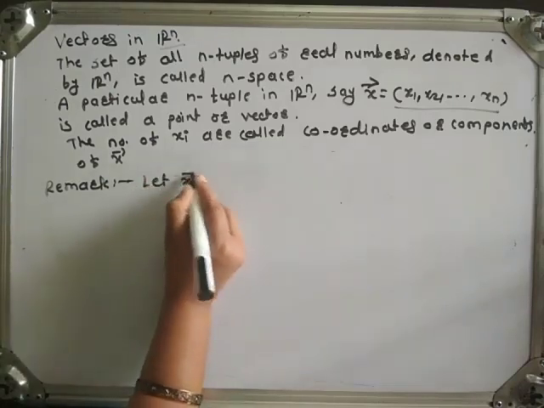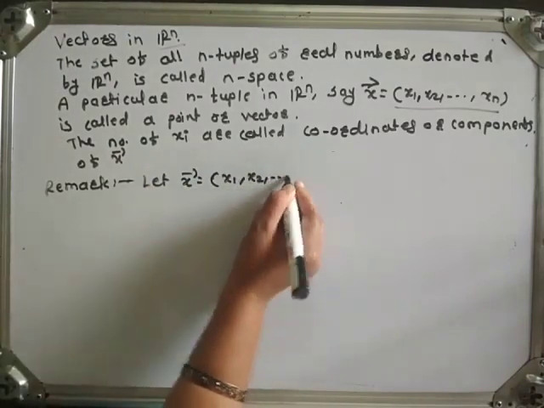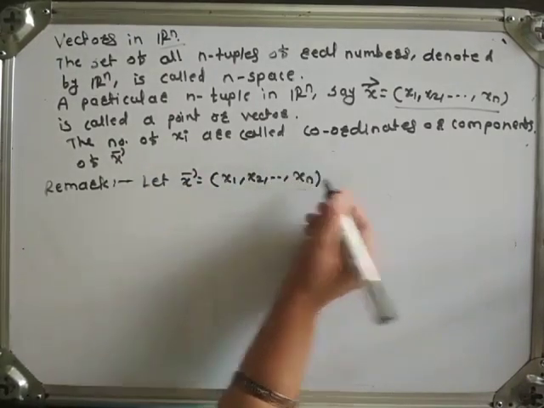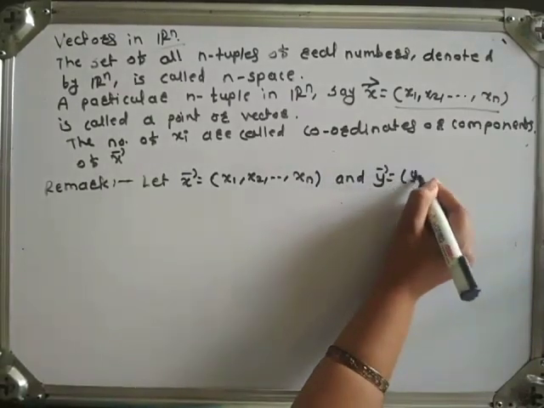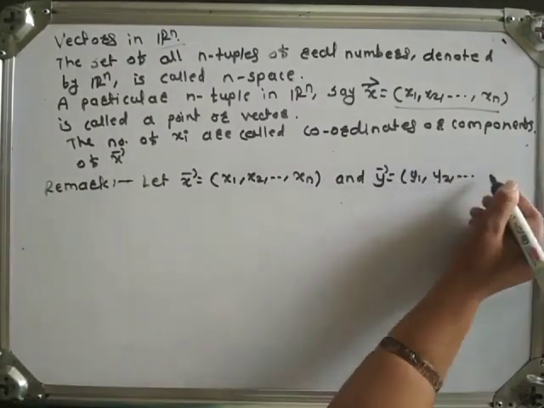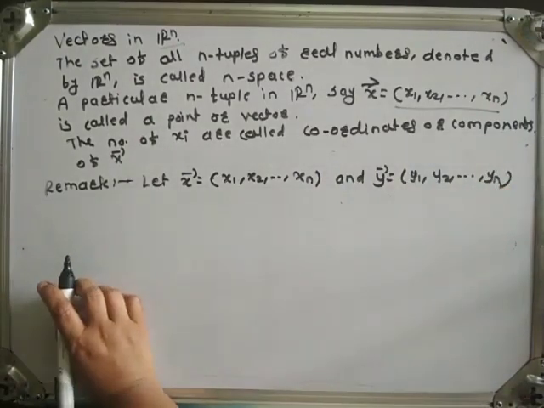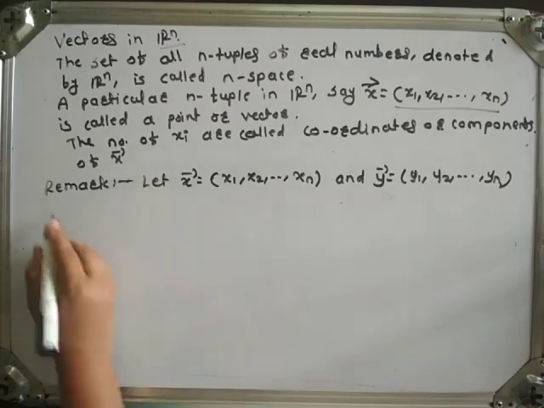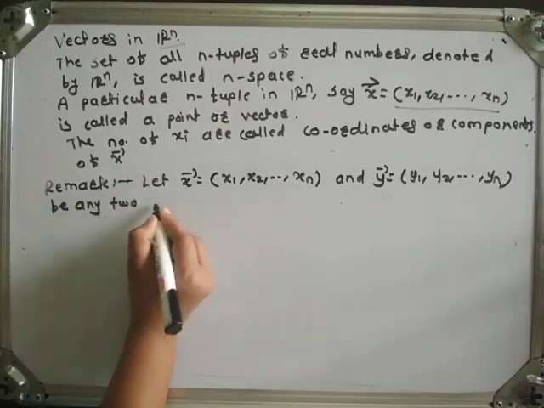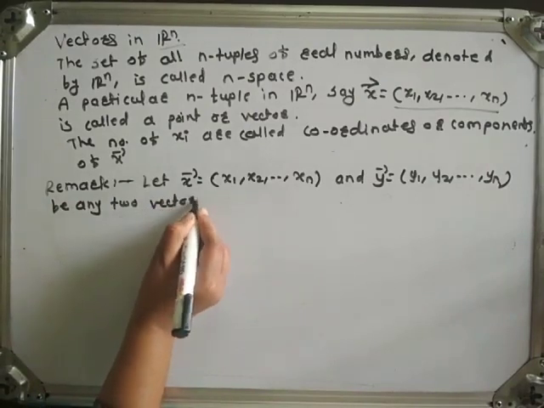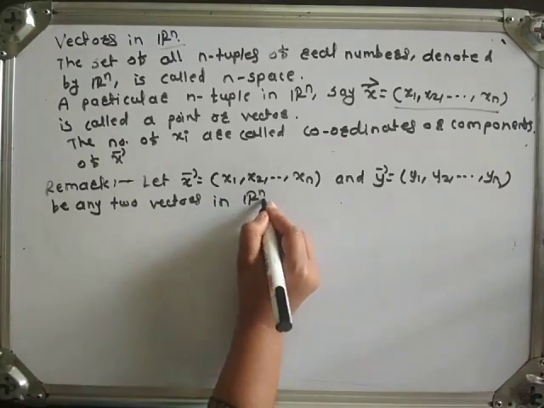Let x bar equal (x1, x2, and so on up to xn), and y bar equal (y1, y2, and so on up to yn), be any two vectors in Rn.